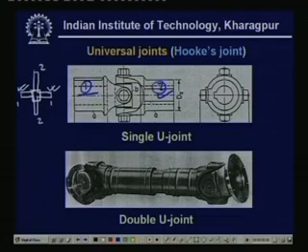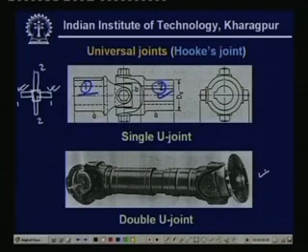The amount of angular misalignment which can be taken care of may be increased if you join two such universal joints together. So we make a double joint. Say this is the first shaft, and the second shaft is somewhere here. So this is alpha 1, the maximum angle which can be taken care of, and usually by one Hooke's joint you can take care of up to 45-degree angles.